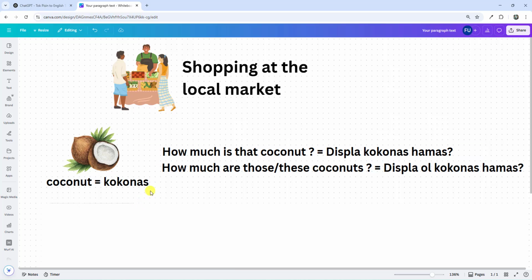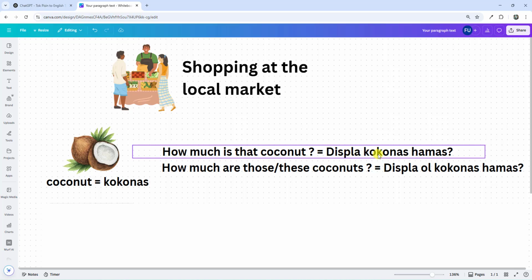So when you go to the local market and you see coconuts there, in TOK PISIN, coconut, we say Kokonas. For example, you want to know the cost of the coconut. In singular, you might say, how much is that coconut? In TOK PISIN, we'll say Displa Kokonas hamas.